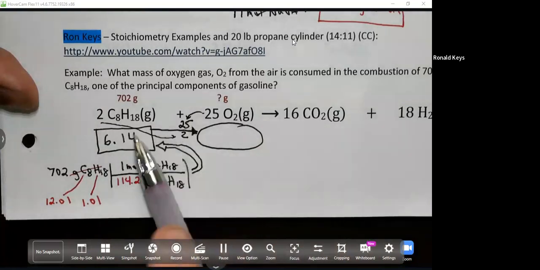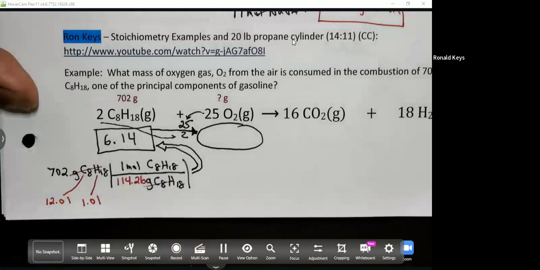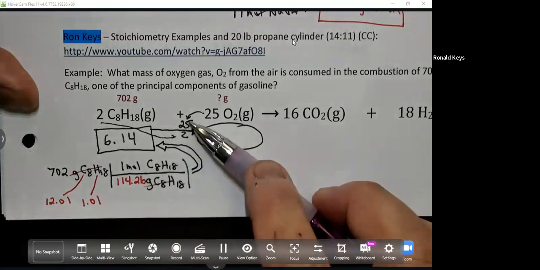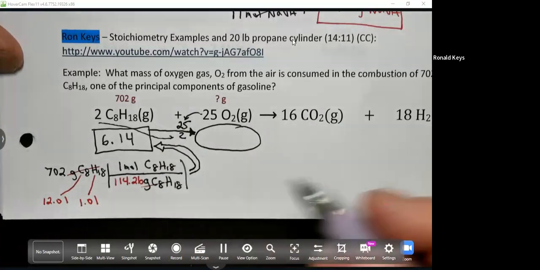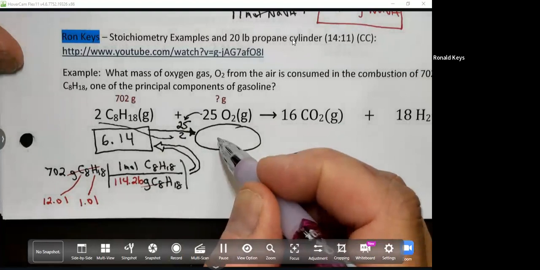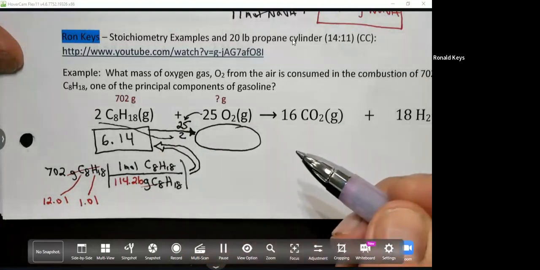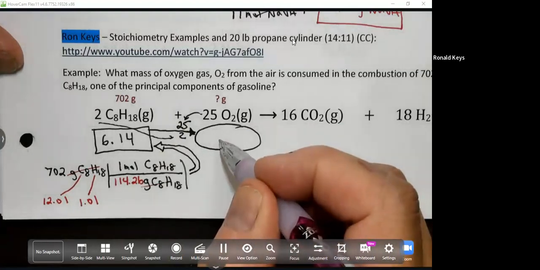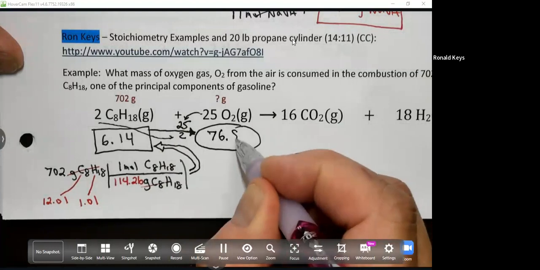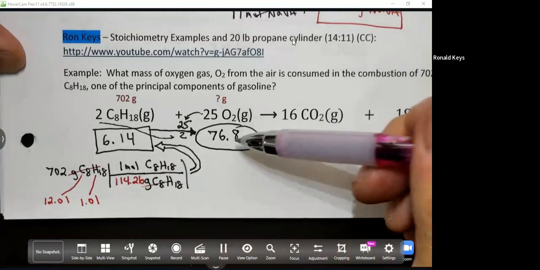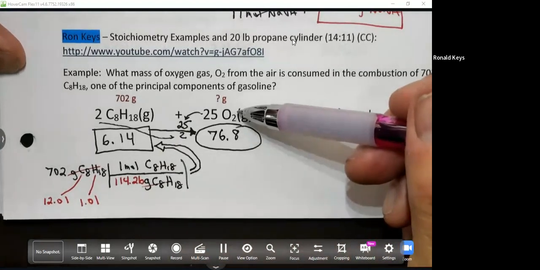The mole ratio is 25:2. Just take 25 divided by 2. We're going to get 76.8. So we're going to consume 76.8 moles of oxygen.